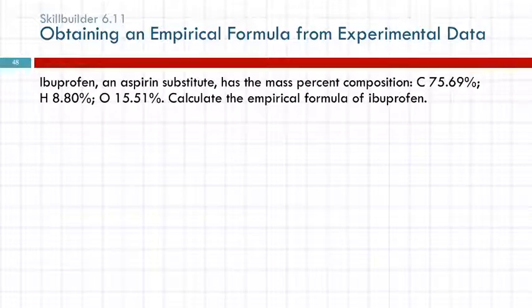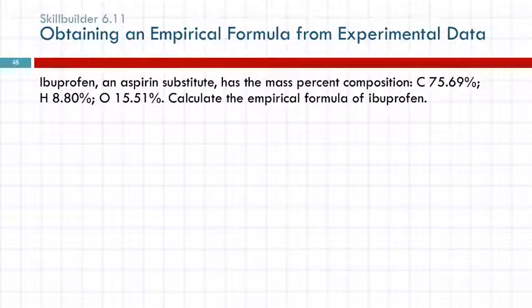Well, from a percentage, we could figure out a mass, but we need to know what the sample size is. The calculation is going to work out and come out to the same empirical formula no matter what size the sample is. It could be a metric ton, it could be 1 microgram. We just need to pick a sample size.